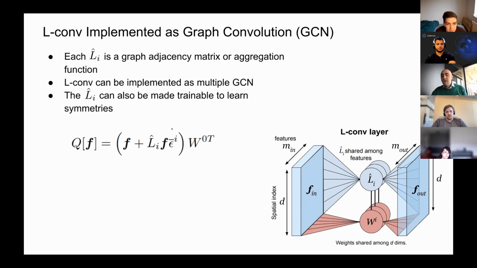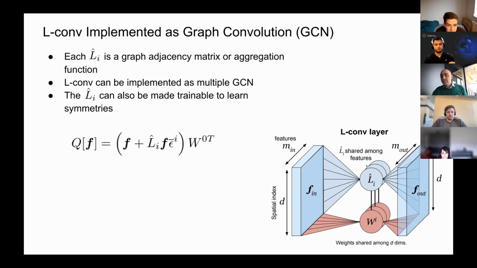But in the simplest form, you can think of that whole vector field, that whole derivative term, as just one big matrix that's acting on all of the pixels to all other pixels. And that is essentially a big graph that you are implementing into your neural network.